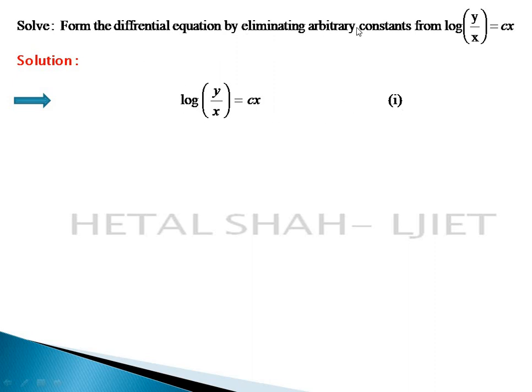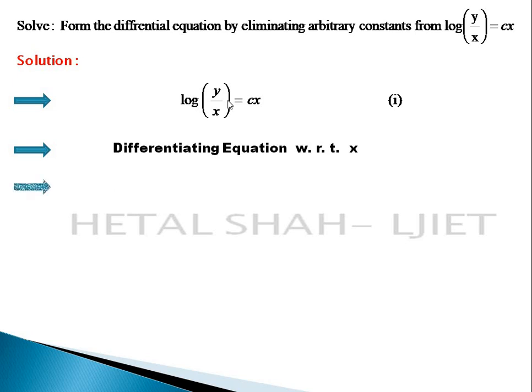For eliminating the arbitrary constant, that is c, here c is the arbitrary constant. So differentiate equation 1 with respect to x. We get (1/y)(dy/dx) minus 1/x is equal to c.